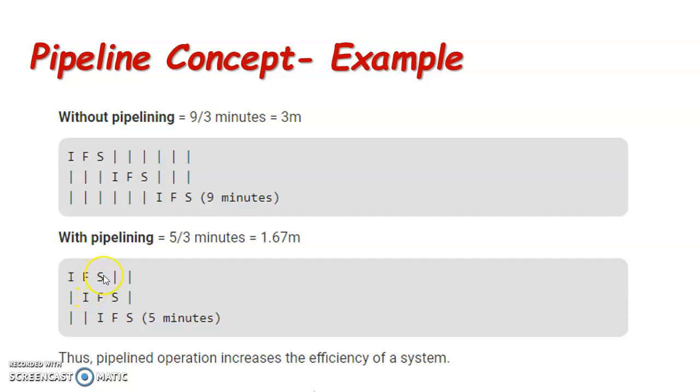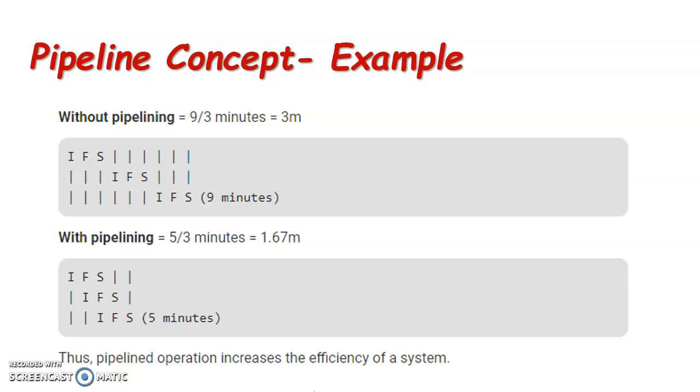In the third minute, the first bottle is sealed by the third stage, the second bottle is filled by stage 2, and a third bottle can be inserted at stage 1. That is, here at a particular time, more than one unit can concurrently execute its operation.